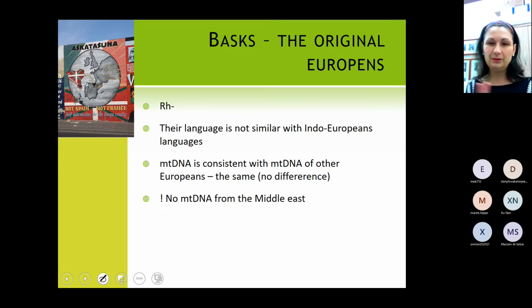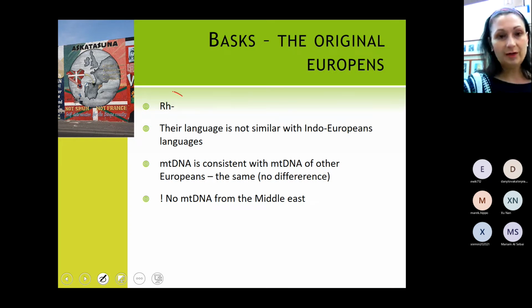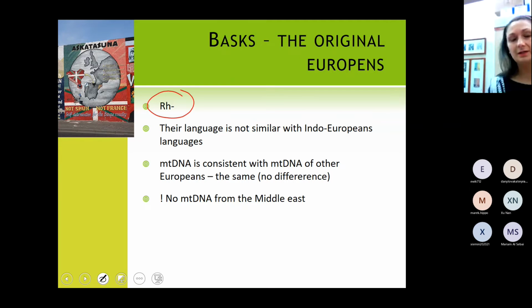Also, from comparing the European populations, it was found that the Basque, the inhabitants living in the Pyrenees, the region between France and Spain, are a little bit different from the rest of Europeans. For example, the biggest difference is the Rh factor.